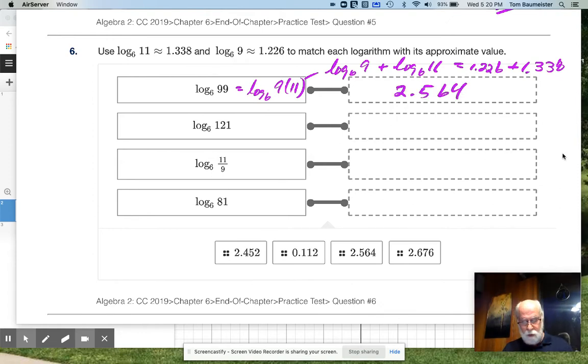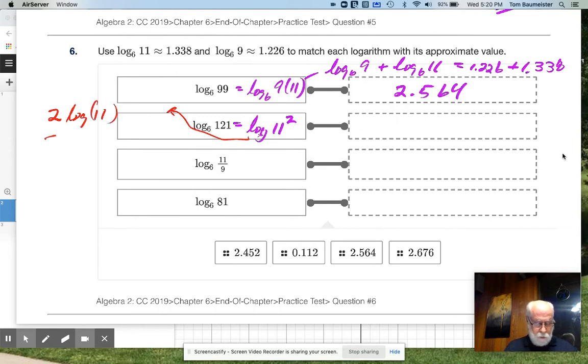2.564. All right. On this one here, you can write it as log to the base 6 of 11 times 11 and then add it, or you can remember it's log to the base 6 of 11 squared, which I'm going to move over here now, because remember, I can write that as 2 times log of 11.